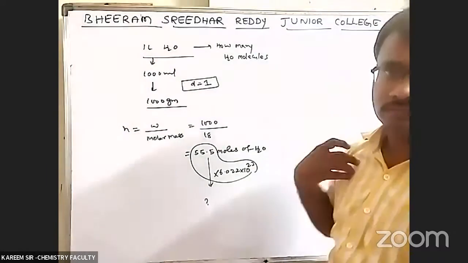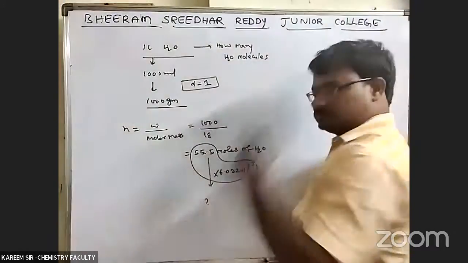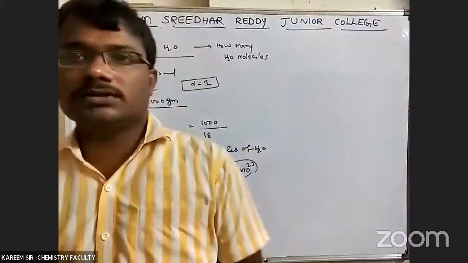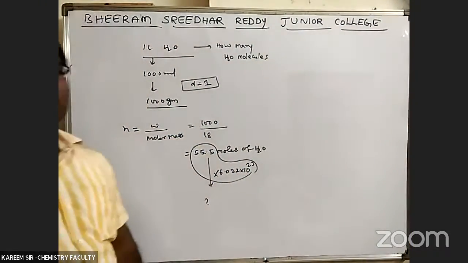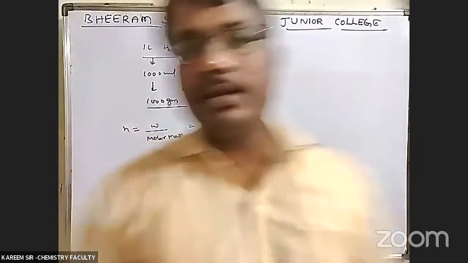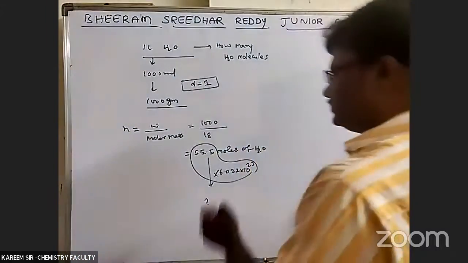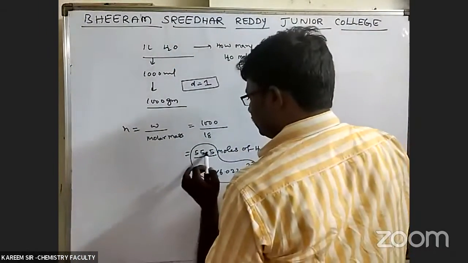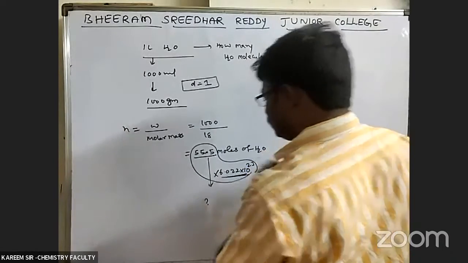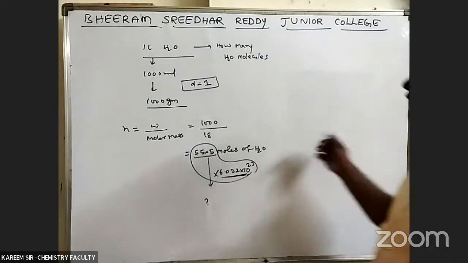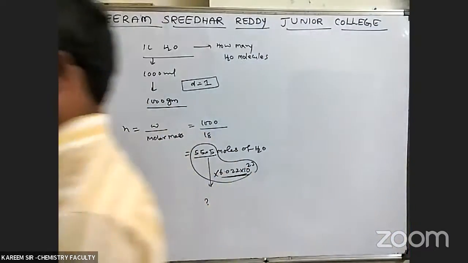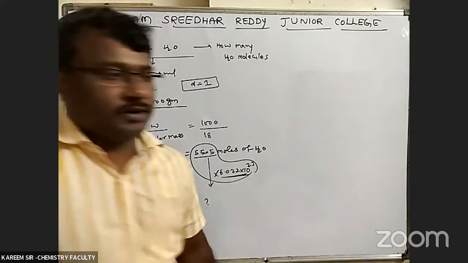Calculate this into this number of water molecules in 1 liter water: 55.5 into 6.022 into 10 power 23. Like this, you should do it.